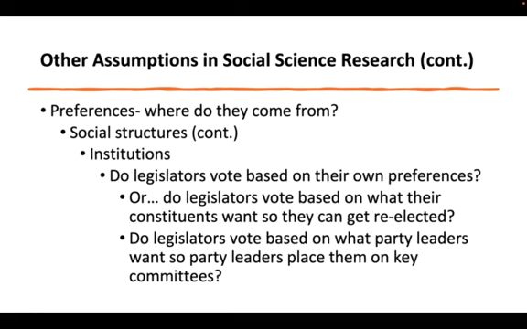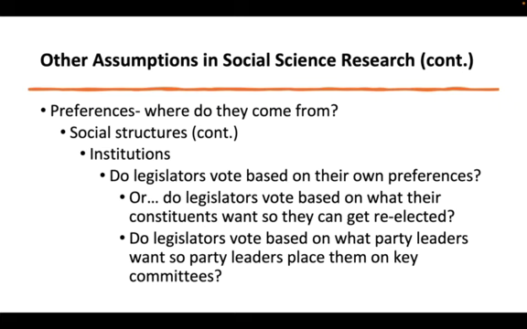So other social structures of importance, institutions. Within the legislature, do legislators vote based on their own individual preferences on legislation? Or do legislators vote for bills that they think are popular with their constituents? Do legislators vote based on what their party leaders want them to do?